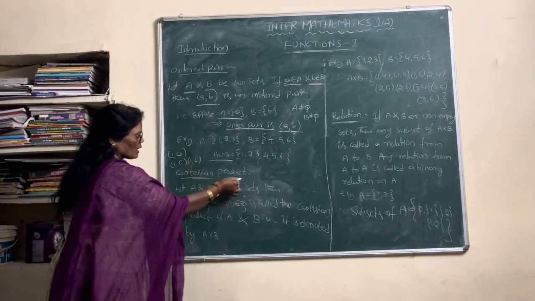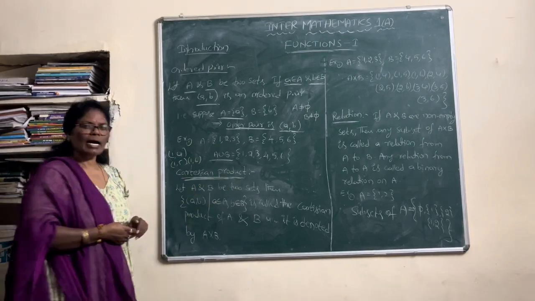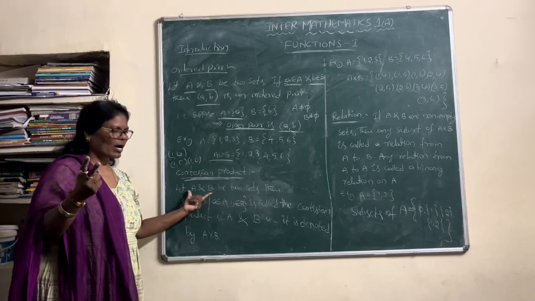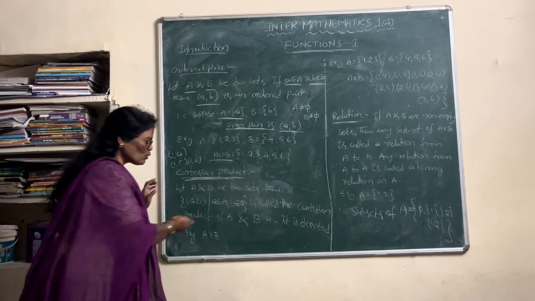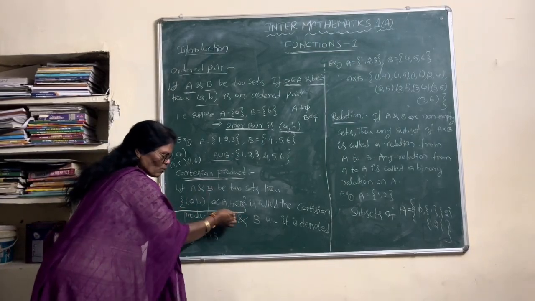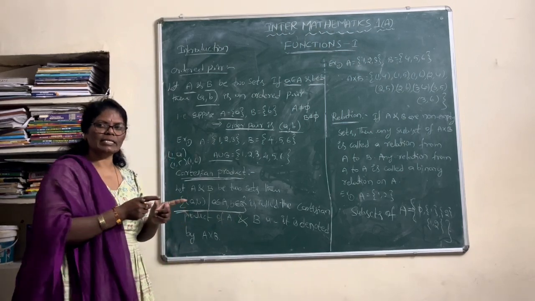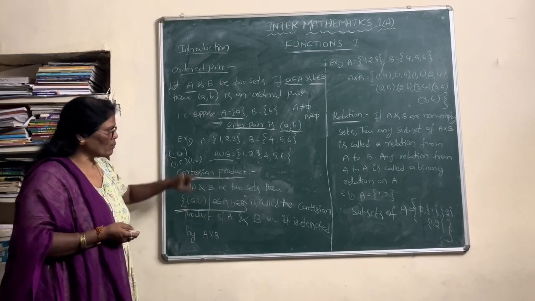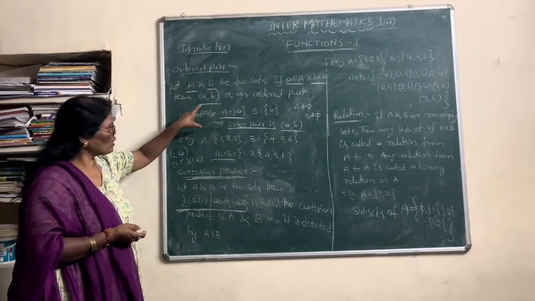And next, Cartesian product. Let A and B be two non-empty sets. Then the set of all those elements, in the Cartesian product, there should exist ordered pairs of elements. We already discussed ordered pairs in the above definition.